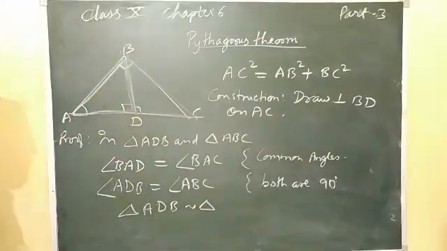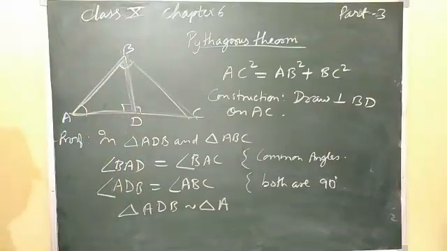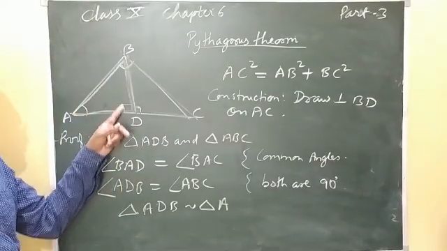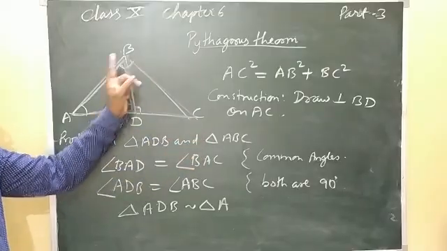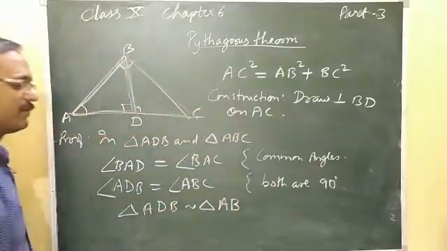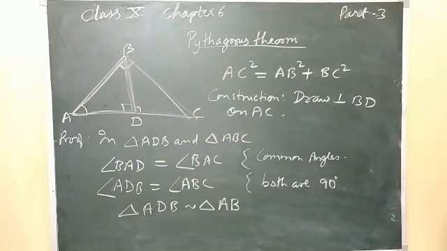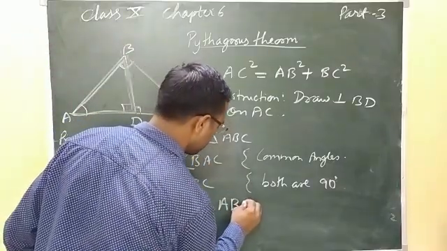Now again, which angle is equal to which angle? Angle A was the common, so we will take angle A in this bigger triangle also, and angle D was 90 degrees in the smaller triangle, and in the bigger triangle, which is the 90 degrees? It is angle B. So in place of D, we will have B, and the last point remaining is C here.